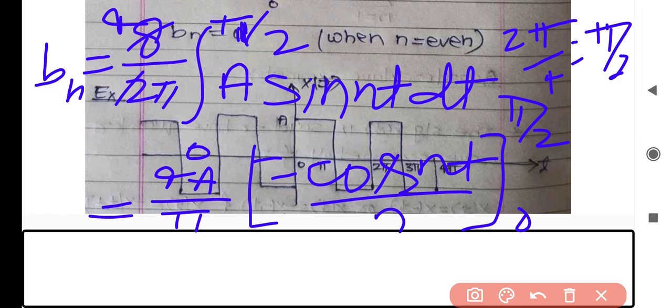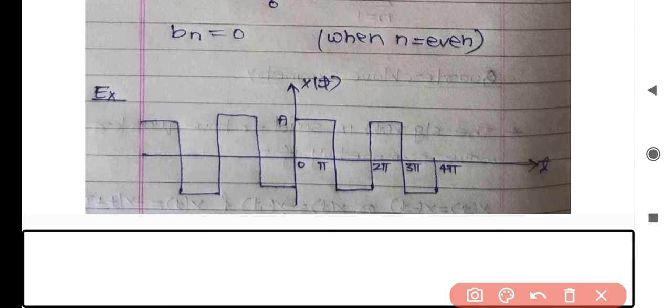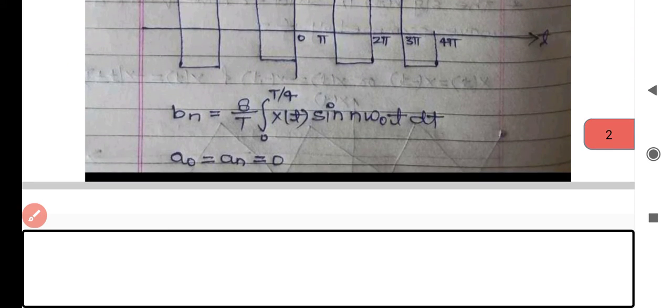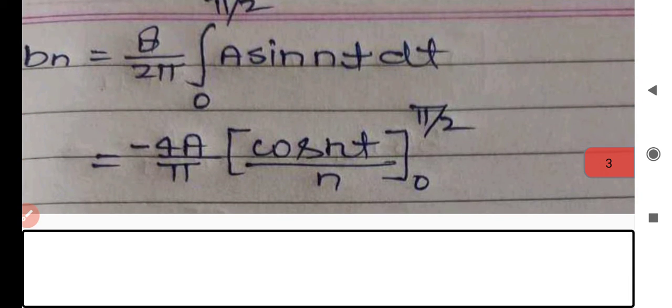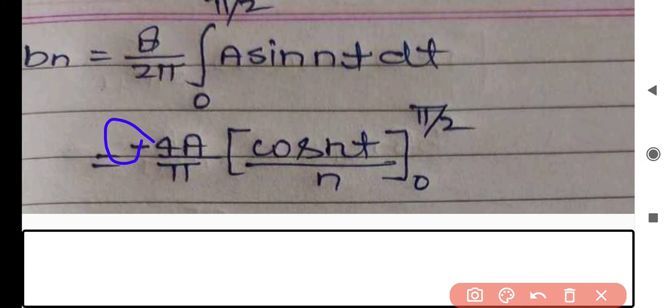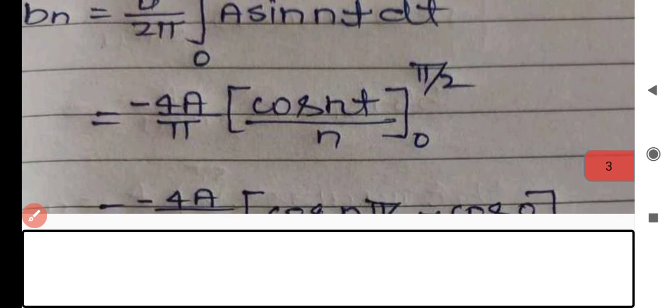This will be the result of integration. So it will become 8 upon 2 pi, A, minus cos of nt upon n, limit from 0 to pi by 2.